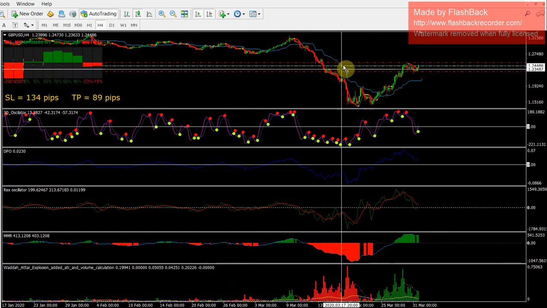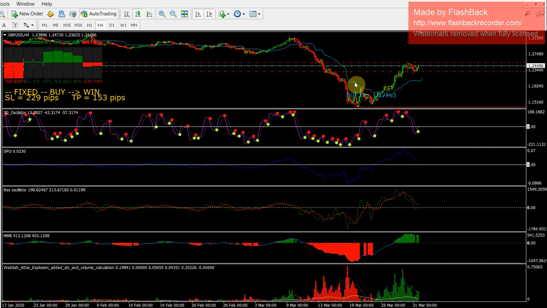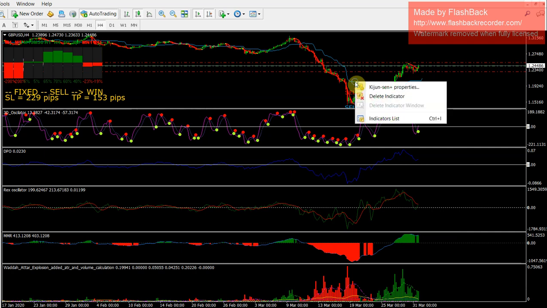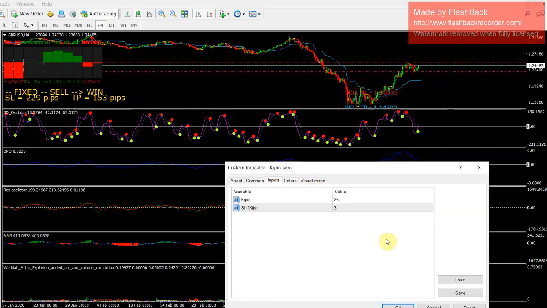On the chart I have a baseline. My baseline is a Kijun-sen, and it sits at 26.